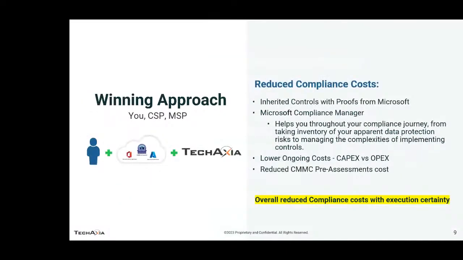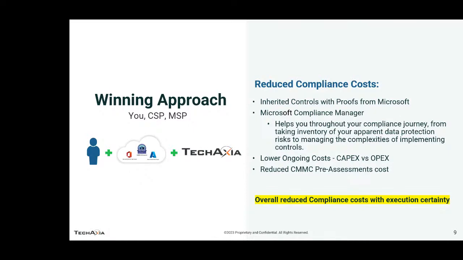The next option is what we call the winning approach. This includes using a cloud service provider like the Microsoft Cloud, specifically the Microsoft GCC High, and a trusted managed services provider like Tecaxia to collaborate with you on your CMMC compliance needs. For example, with GCC High, you inherit the audited controls from Microsoft.